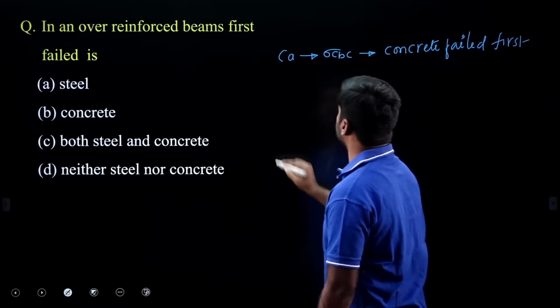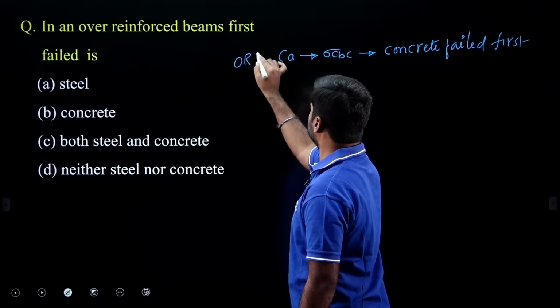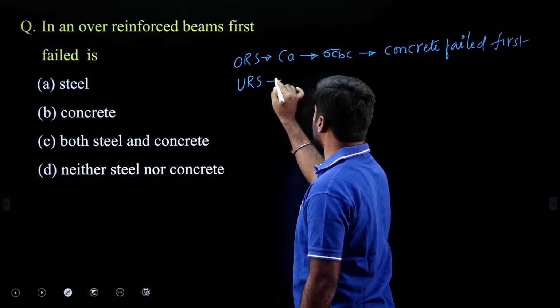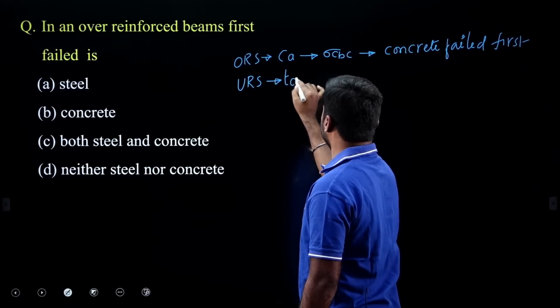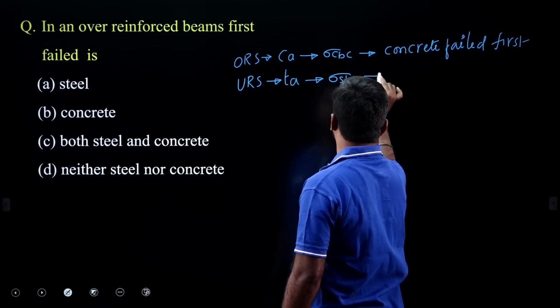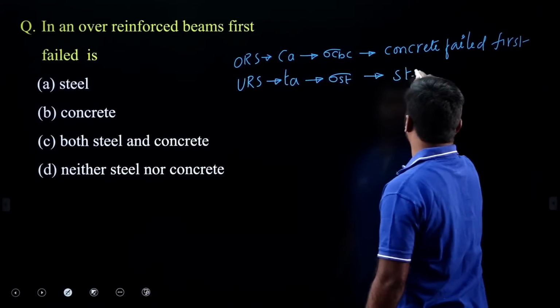In over reinforced section. Suppose if they asked for under reinforced section, stress in tension steel reaches its permissible stress first, so steel fails first.